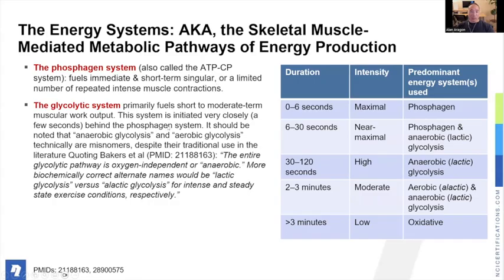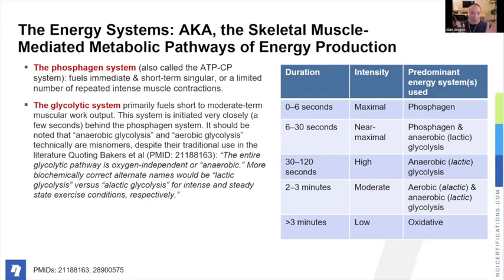Then as we move down a notch in intensity and up a notch in duration, we're looking at the glycolytic system, which takes over, and it primarily fuels short to moderate term muscular work output. This system is initiated very closely, a few seconds behind the phosphagen system. It needs to be noted that anaerobic glycolysis and aerobic glycolysis are typically the two subtypes of glycolysis mentioned in the lay press as well as the academic literature, but those are actually misnomers.